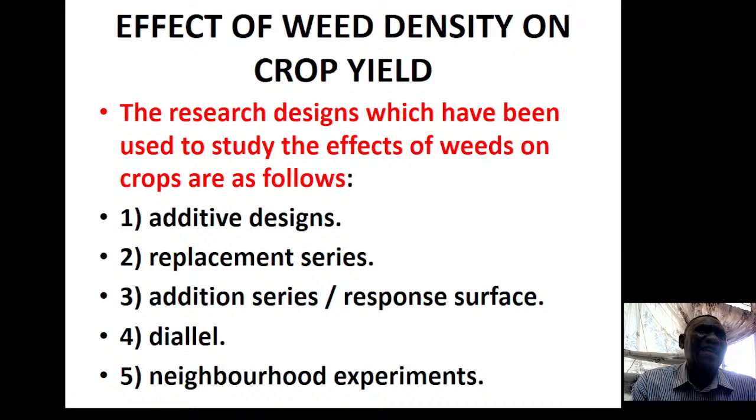Number four, we've got dialer experiments. And number five, we've got the enabled experiments. But I think for breeders and the agronomists, you may just want the additive designs and the replacement series. We'll find out why these are very important. For these lectures, we may leave out number 3, 4, and 5.